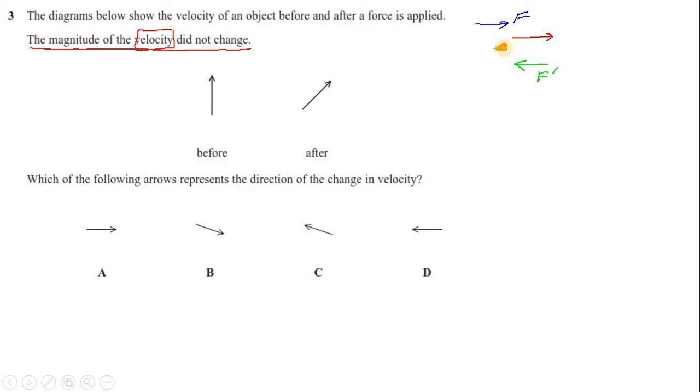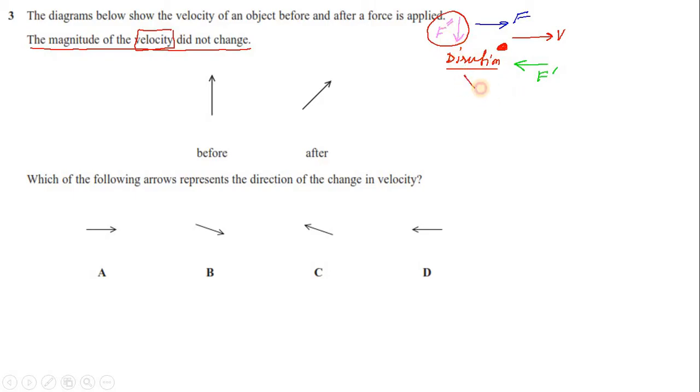But if a force is applied something like this, F double dash, then this force is perpendicular to the direction of the velocity, the direction of the motion. So this force will not change the magnitude of the velocity, but it changes only the direction. And the force causes a change in direction.